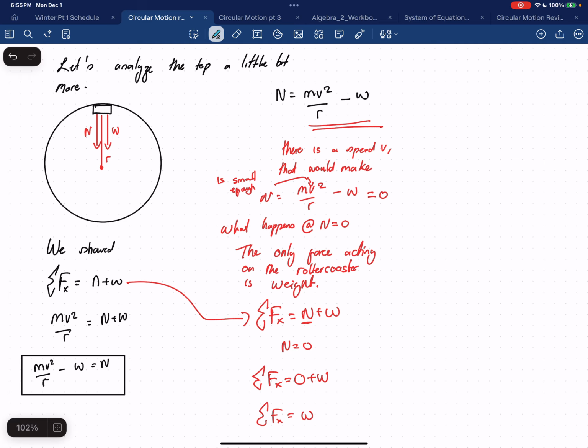So now, when N is 0, all right? So let's see.